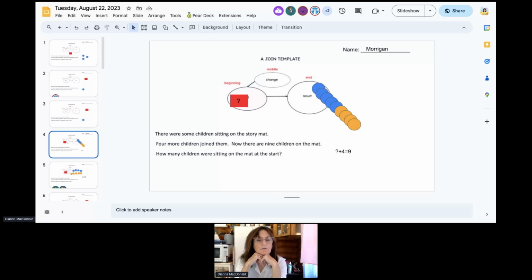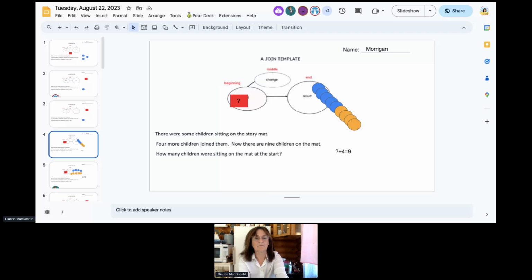Sure, I found it very interesting to hop into the template, and I think I might have encountered in my own mind some of the confusion that students have as well. My tendency was to say, okay, I know 9 for sure, that's the end, so I put the 9 at the result end after I'd placed my question mark, and then I sort of hesitated.